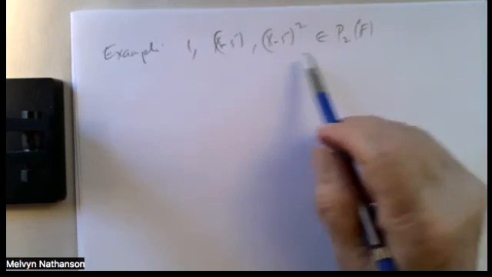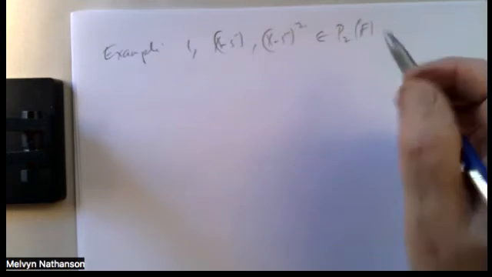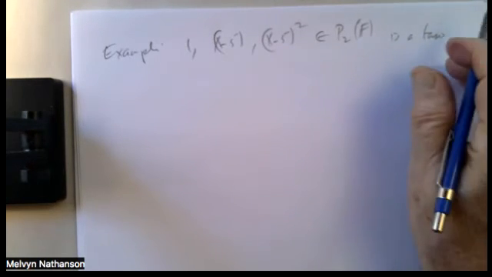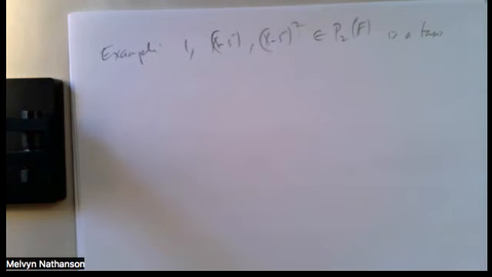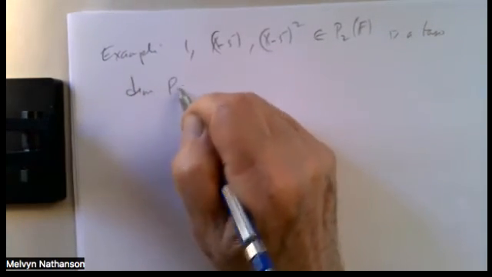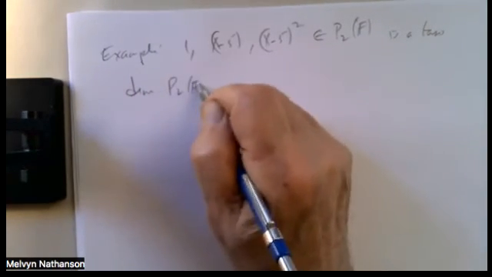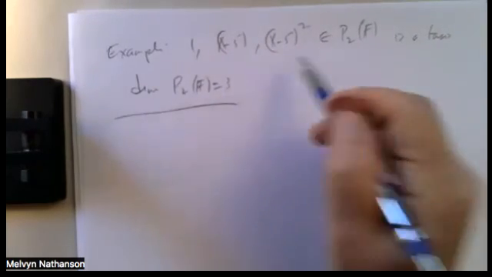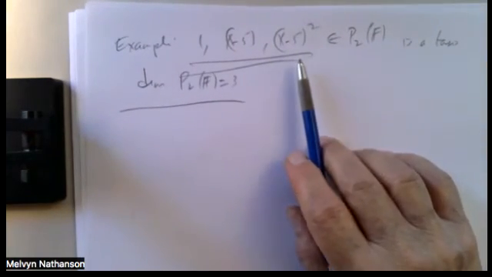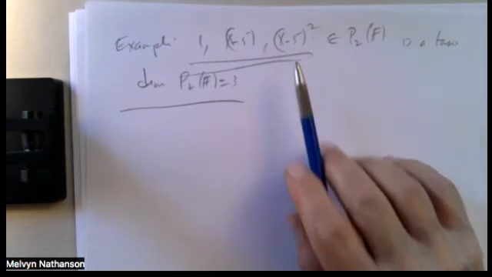This is all polynomials of degree at most 2. And I claim this is a basis. So why is it a basis? The dimension of P2(F) is 3. And here we have three vectors, so it's enough to show they're linearly independent.